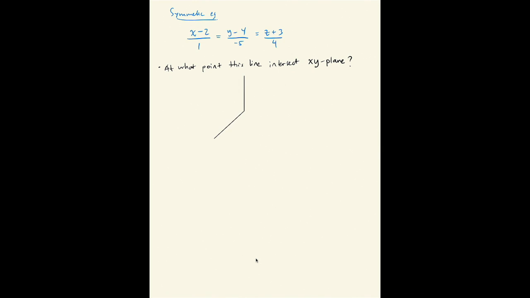So what the question is asking, this is z, x, y, right? So it's asking what point this line intersects the xy plane. This is the xy plane here, right? Like that, right? So it will always cross the z axis.